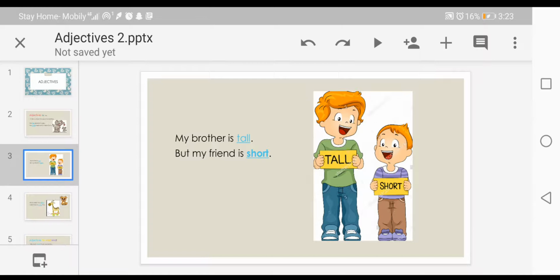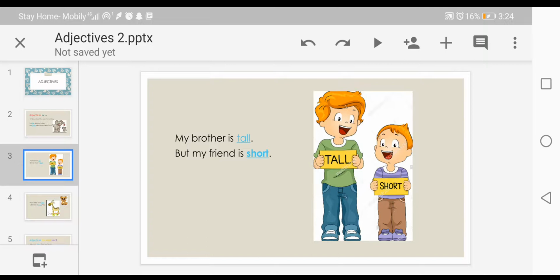Now, my brother is tall, but my friend is short. For example, if you look at the picture and I tell you, here in the picture I have my brother and my friend, you will not be able to know which one is my brother and which one is my friend.